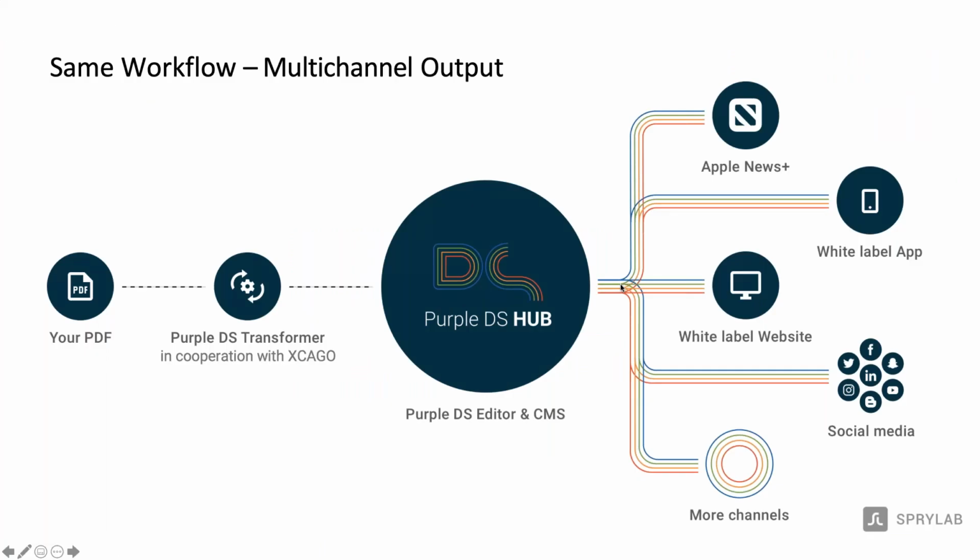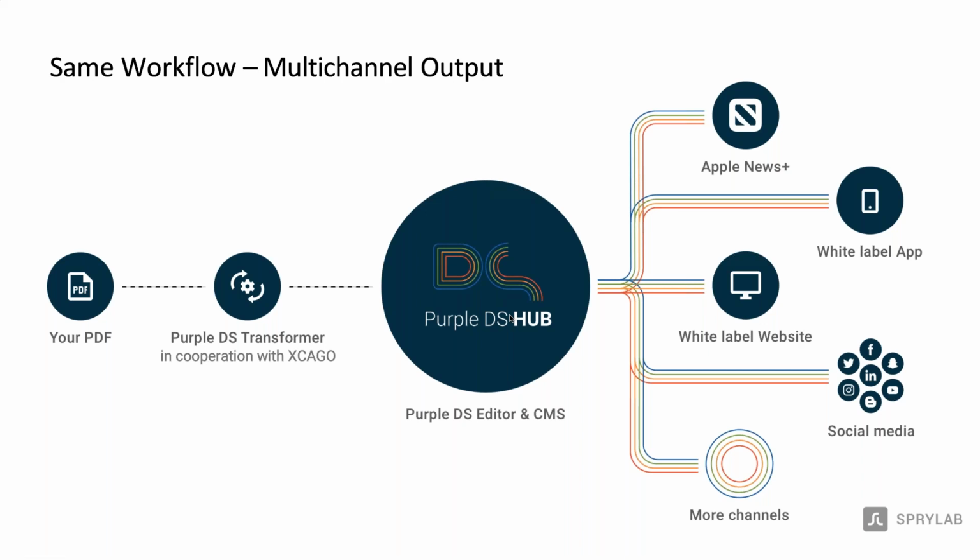So what we've seen now, to recap, we started with a PDF using our transformer, which cropped the articles out of the PDF and imported the articles in a structured way in our block editor in the Purple DS Hub, which is the Gutenberg editor actually.